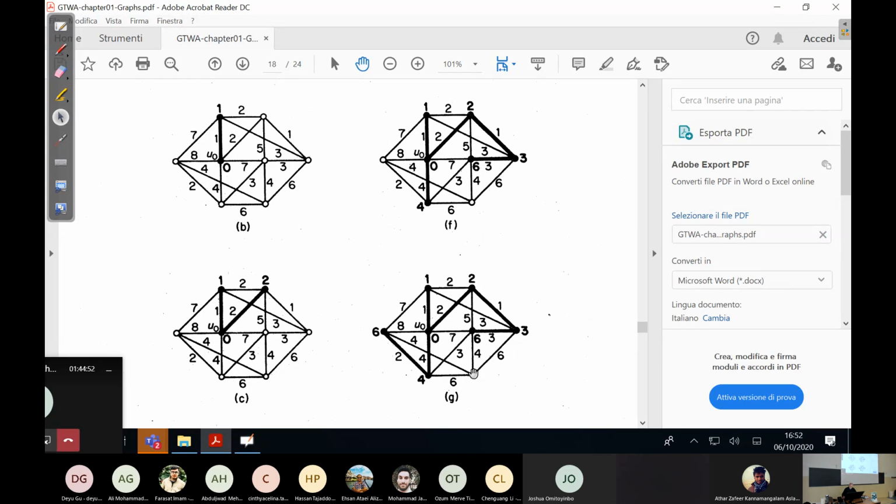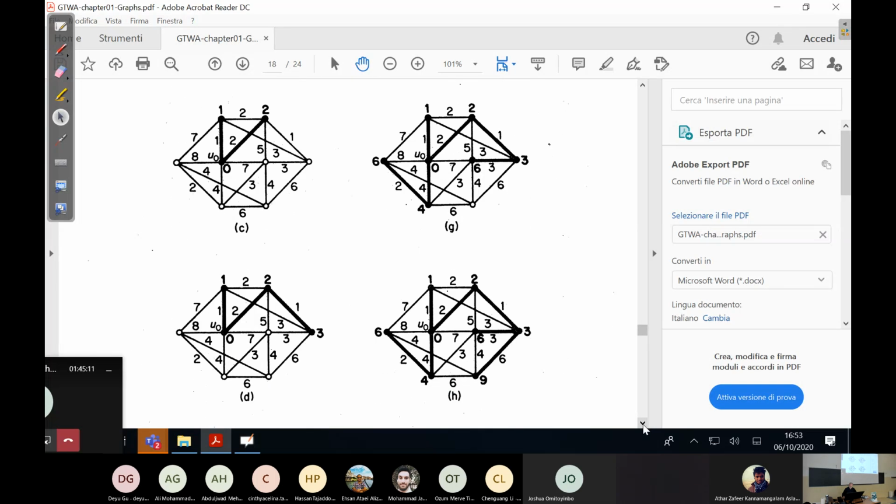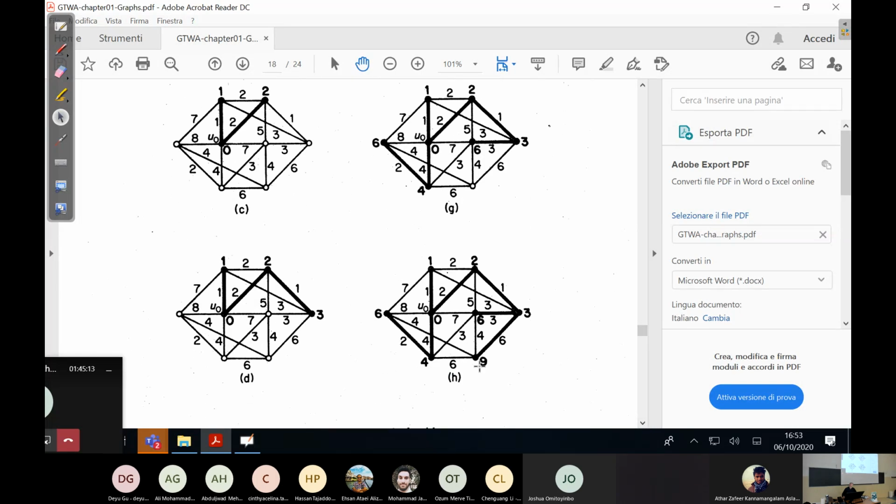By 6 plus 4, which is 10, or 4 plus 6, which is 10, or 3 plus 6, which is 9, which is less. Okay, and so finally, we take this edge and we have distance 9, okay?